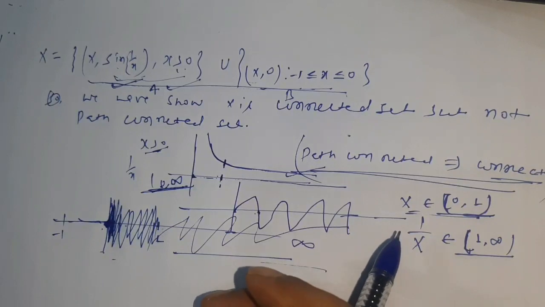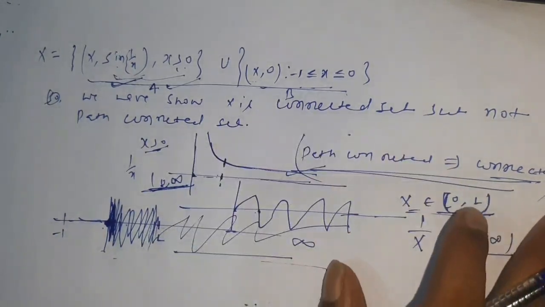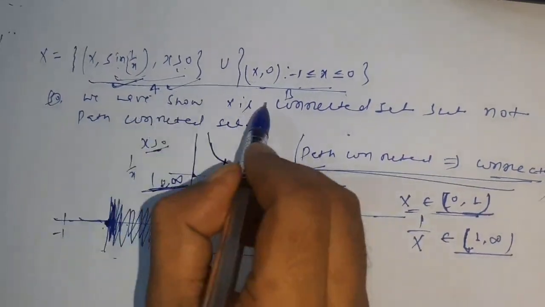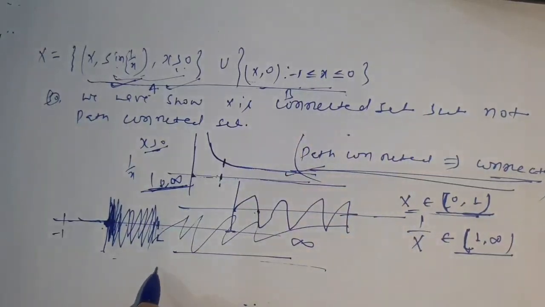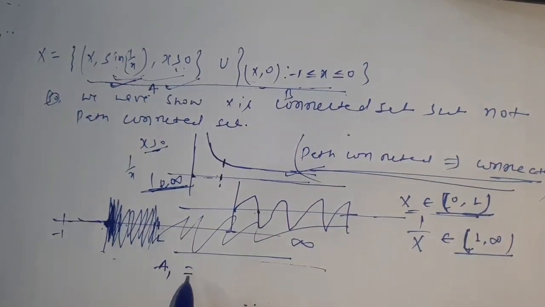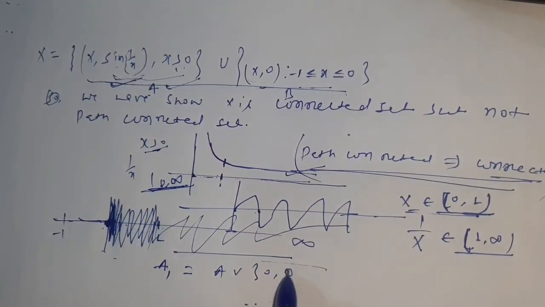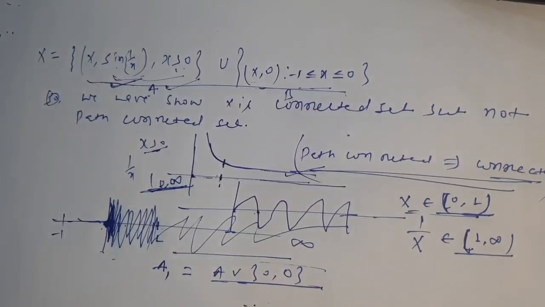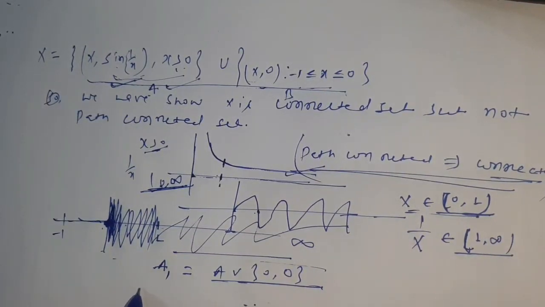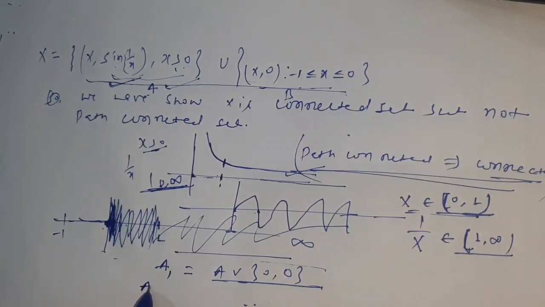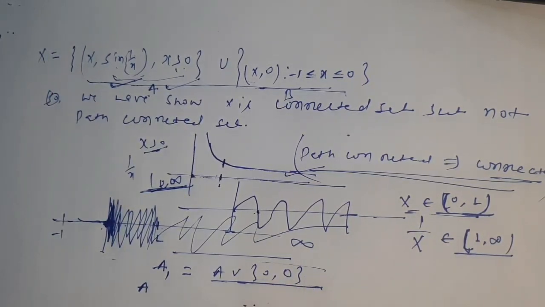Now how do we check this is a connected set? Suppose A is this, B is this, and we take A1 equal to A union (0, 0). We know that if A is a connected set, then the closure of A is a connected set.